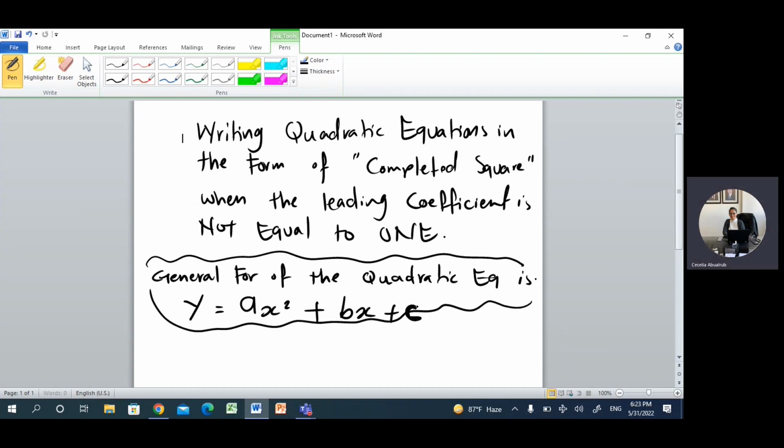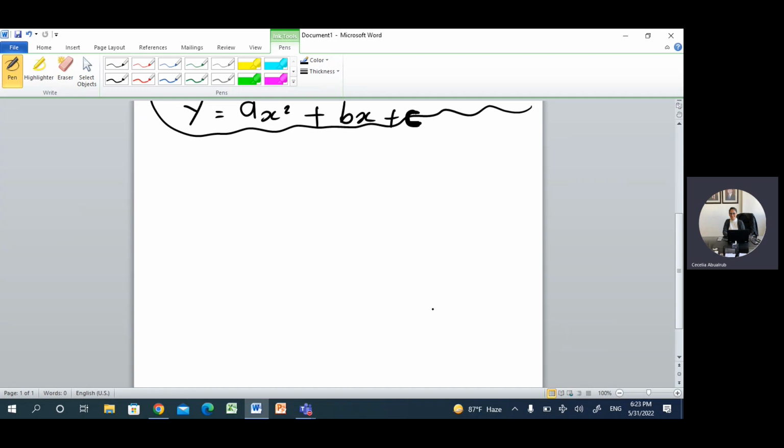Let me start with the first example. So if they say, okay, example, and it's y is equal to negative x squared plus 2x plus 5.